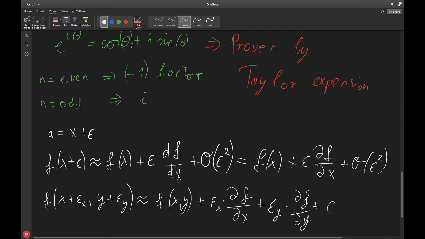And then, again, there are terms with epsilon squared, which I am ignoring right now. And I think that's all we need to really know right now for the Taylor expansion.